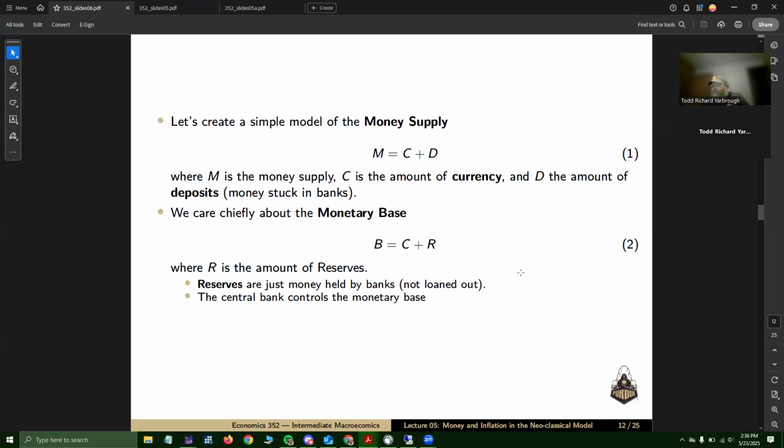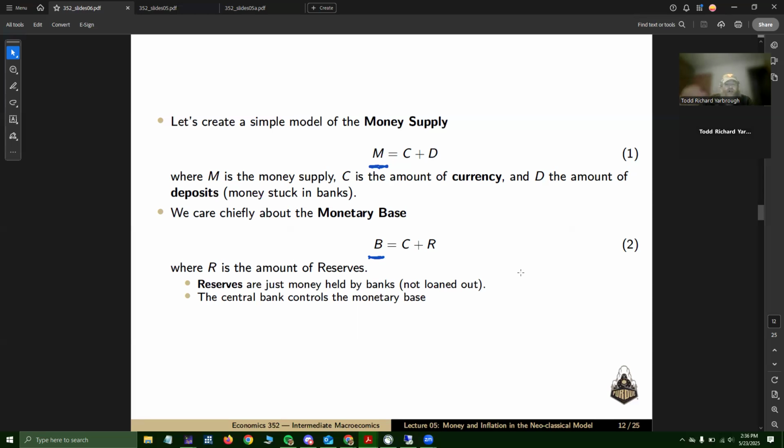Okay, so we're going to develop a very simple model of a money supply. We're going to start with the idea that your money supply M is equal to what we refer to as currency and then deposits. Currency is cash on hand, deposits is cash that has been put into a bank. We're also going to model a monetary base.